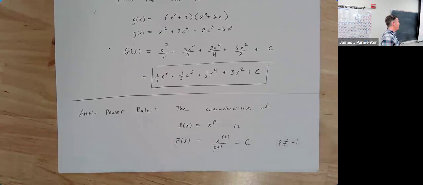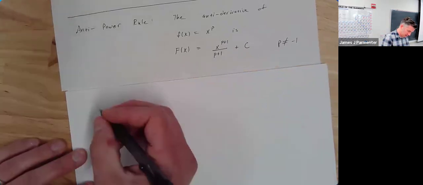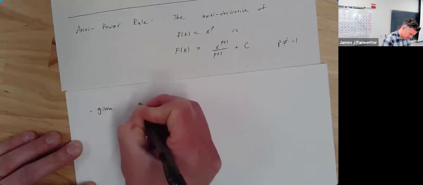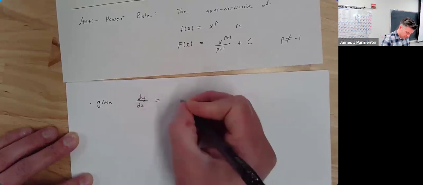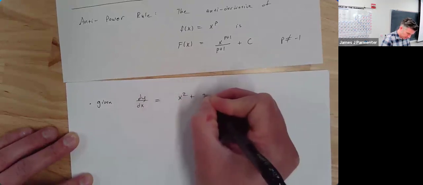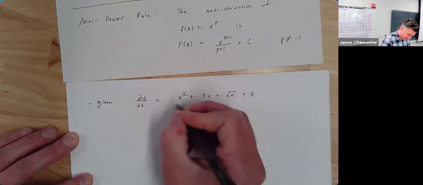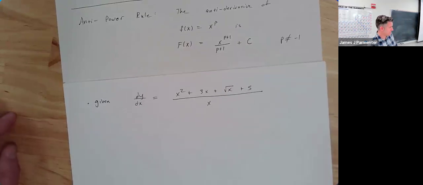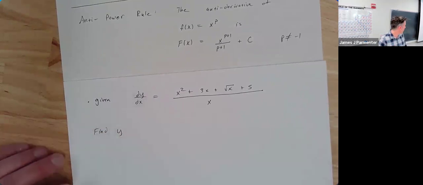So this works for any positive power, any negative power, any fractional power. So for example, we could be given something like dy dx, the derivative of y, equal to x squared plus 3x plus the square root of x plus 5 divided by x, and be asked to find the antiderivative.